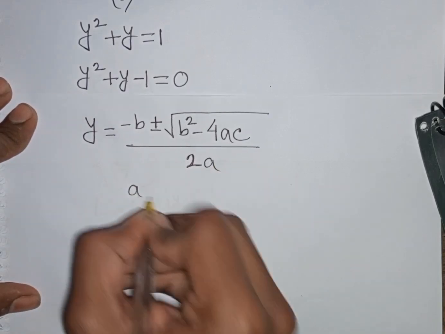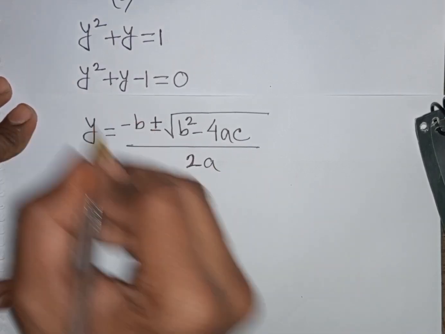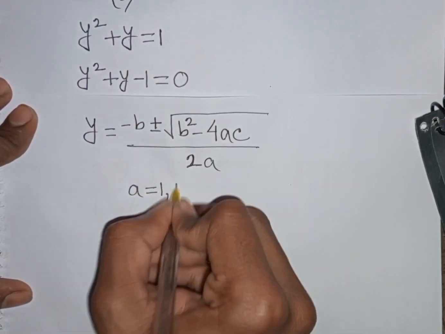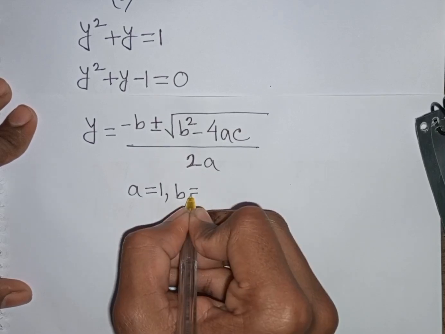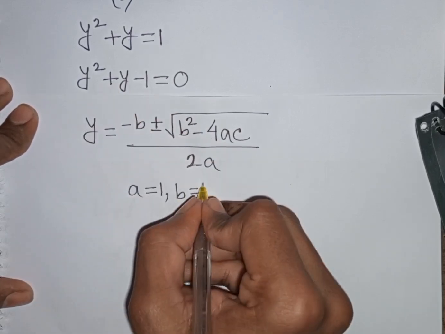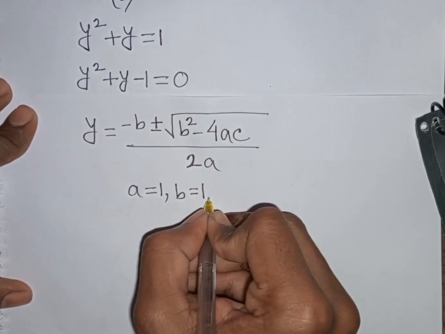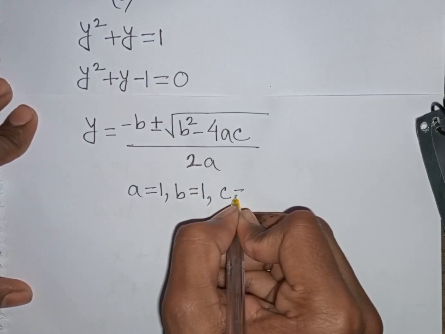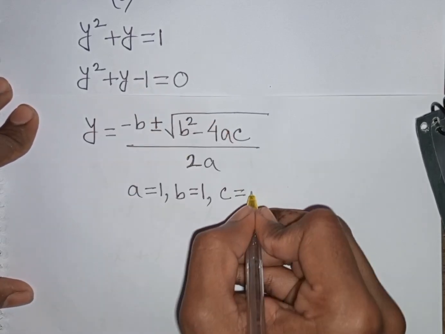Here a will be equal to 1, then b will be equal to 1, after that c will be equal to negative 1.